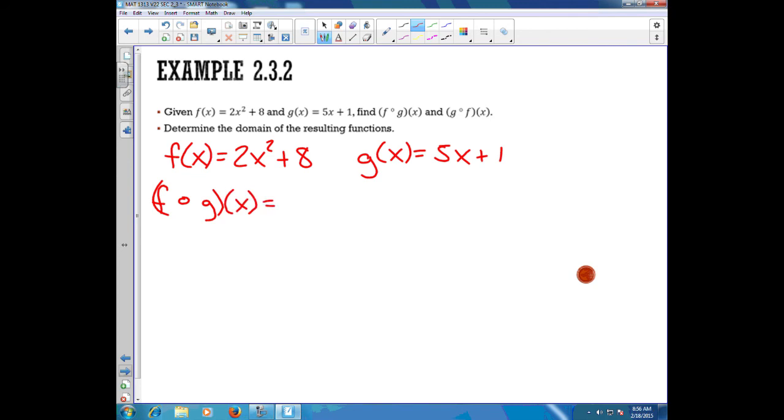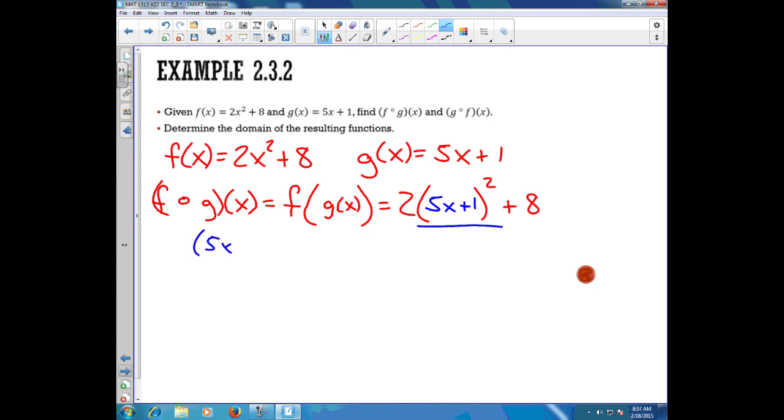And so that means we want to take g of x and plug it into f. And so for f, we have 2 times x squared plus 8. And we're just going to plug g in for x in f.